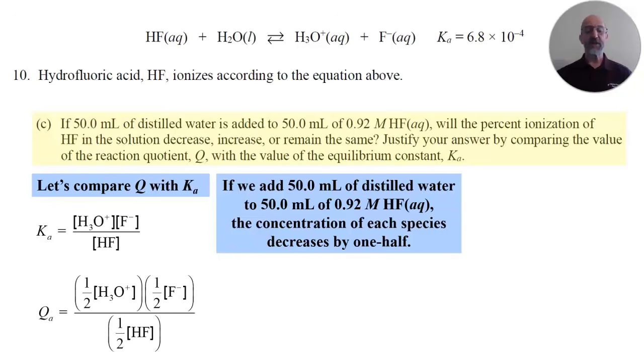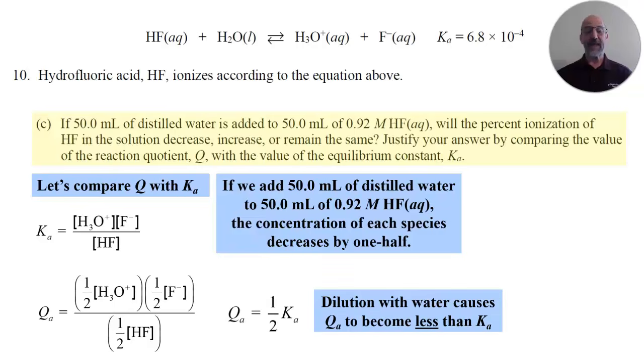So here's my Q expression. 1/2 times the concentration of the hydronium ion, 1/2 times the concentration of the fluoride ion, 1/2 times the concentration of HF, and when I consider how that works out in terms of algebra, I get that Q is not equal to Ka. In fact, Q is equal to 1/2 Ka based on the math.